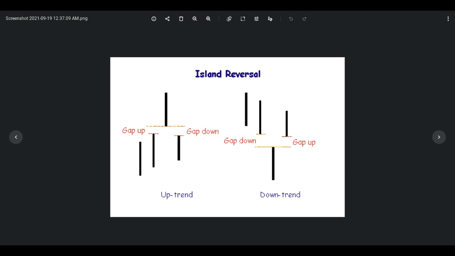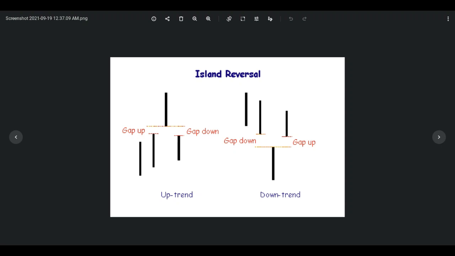Pattern type reversal. Pattern description: there is a price gap either up or down and then a subsequent gap back to the previous level before the initial gap, leaving an island in the price chart. The average length of an island is just over a month, but can last as little as a single day to over 6 months.